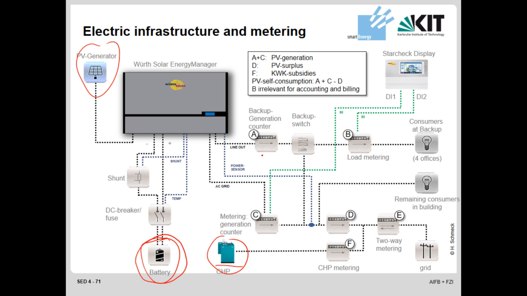Then here's a line out, here's a generation counter. There's another one. We measure how much power was generated, and then we also need to measure how much power we have generated from our combined heat and power plant.